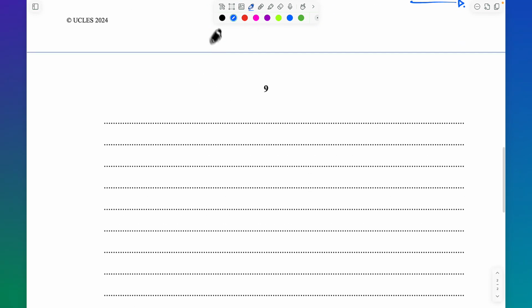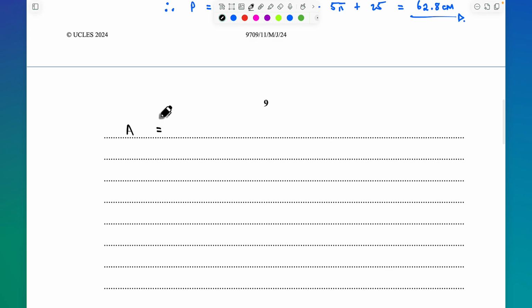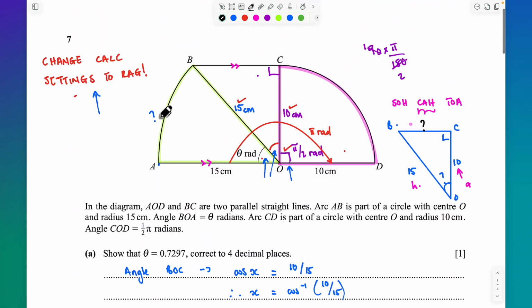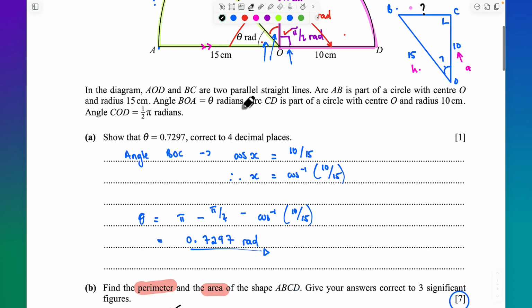Now we have an area problem as well. So we're going to write this as A is equal to. This shape consists of 3 different shapes. We have 2 sectors, whose areas we can find, and then we have a triangle.